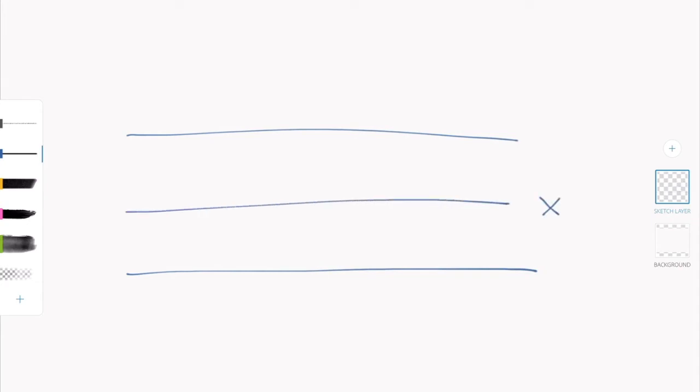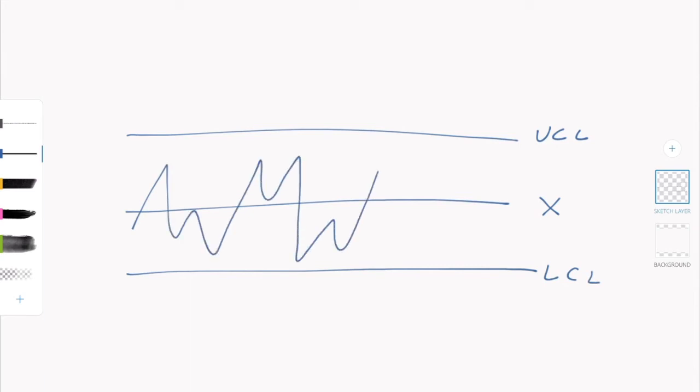One is for the average value of your measures, one is called upper control limit and the other lower control limit. And then you have the data measured from your process, designing a time series.